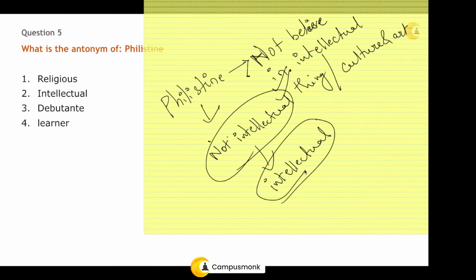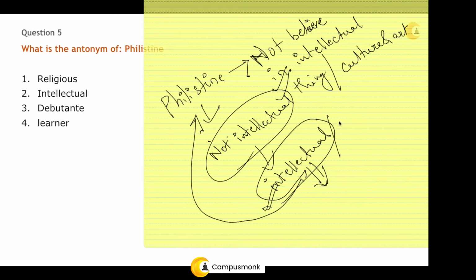So, if someone is intellectual, that means if I look at the options, what does the option say? The first one is religious, okay? An intellectual person is religious, so that can't be the answer, right? Religious, it has to be intellectual.